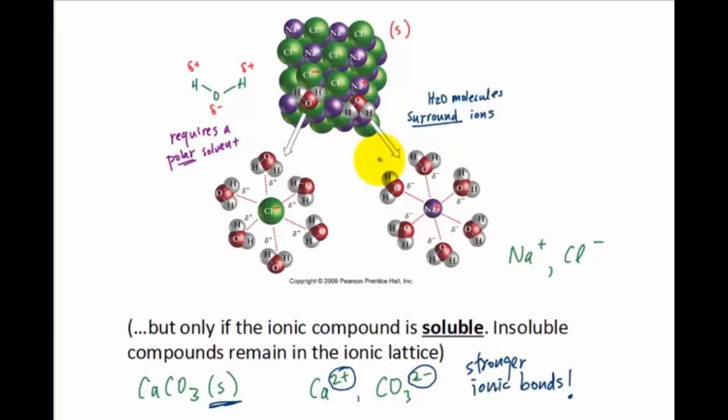The insoluble compounds, like this one, tend to have the larger charges, okay, because that attracts those ions more strongly together. The soluble compounds tend to have smaller charges, which means that water is more able to remove them from the surface and then ultimately surround them in the solution that way.